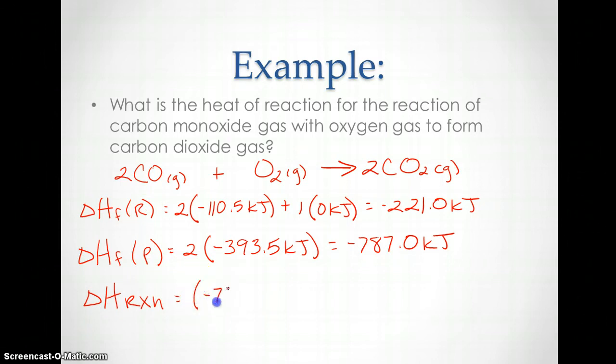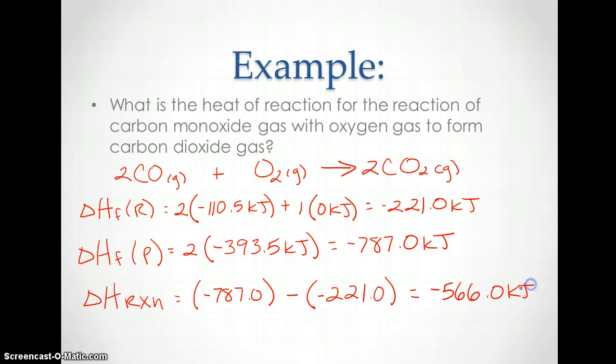So, negative 787.0 minus negative 221.0, and that's going to give us a grand total for the reaction of negative 566.0 kilojoules. Is this endothermic or exothermic? That negative tells us that it is exothermic.